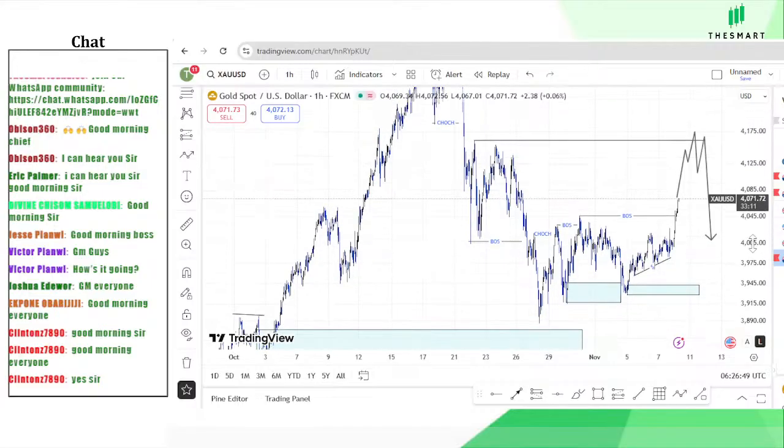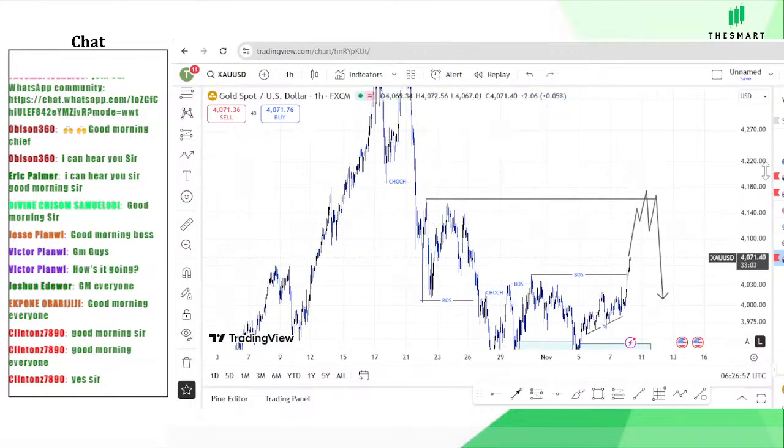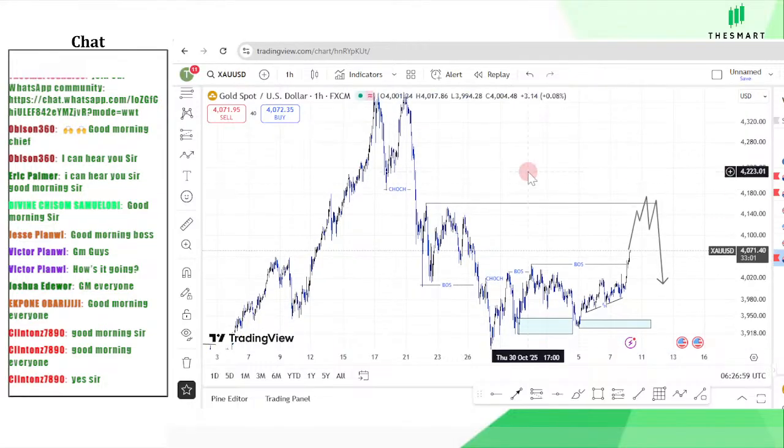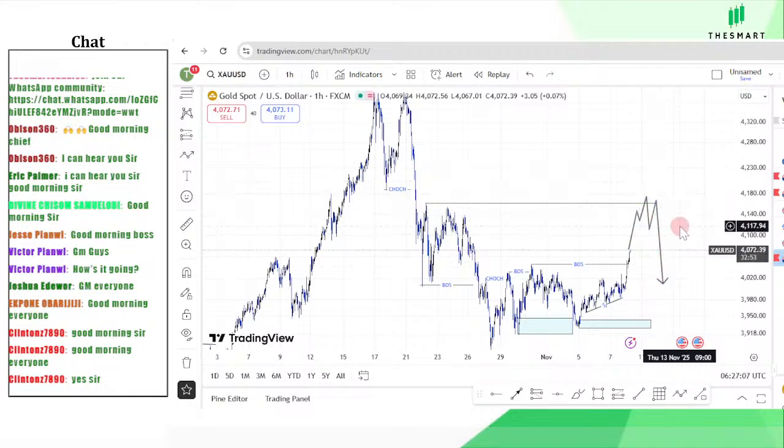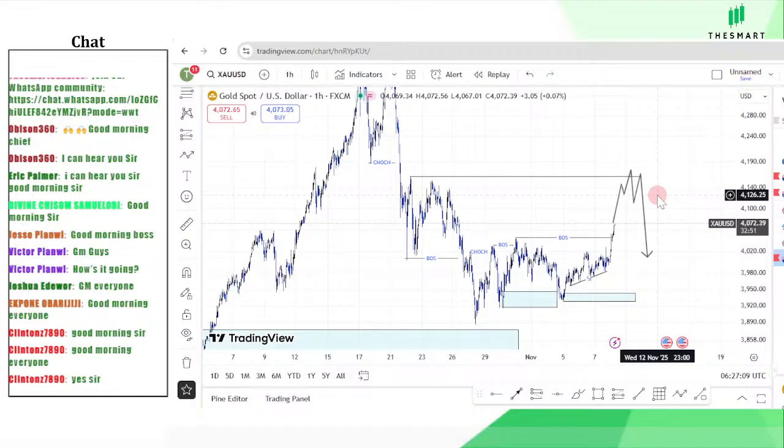Because what we have here is liquidity. I want to see price take out this liquidity. Very, very important. You're looking for a valid supply too. This is where we should be anticipating. So this liquidity here is very important. Price will sweep it, give us a confirmation for us to take a sell, and easy peasy. So that's what we have on gold.